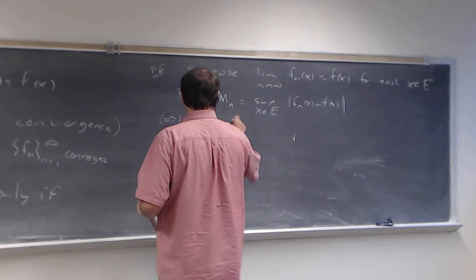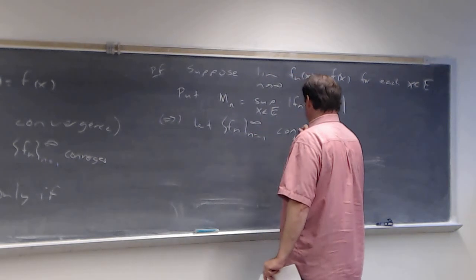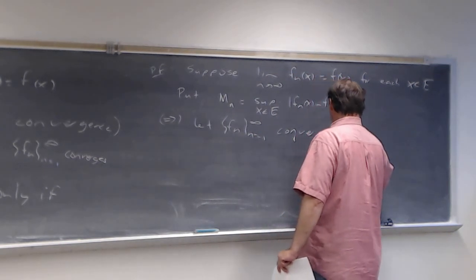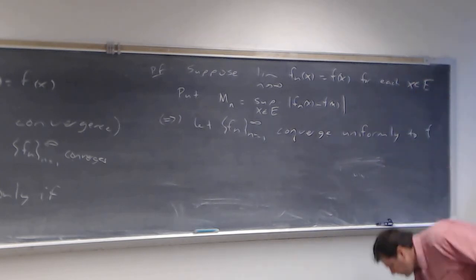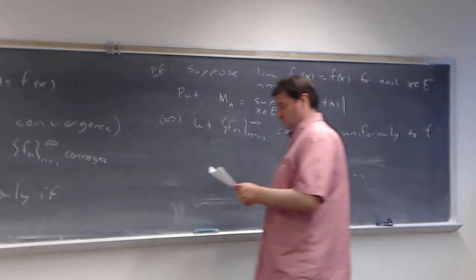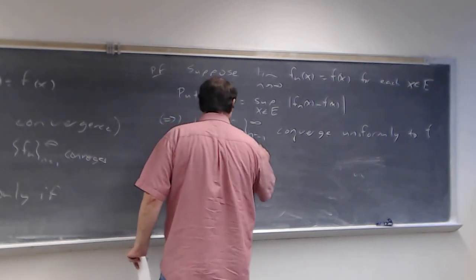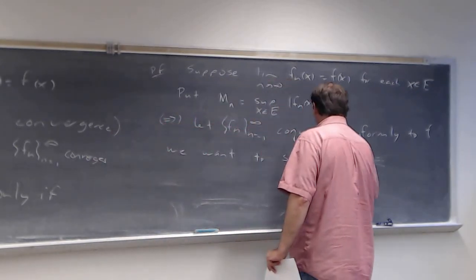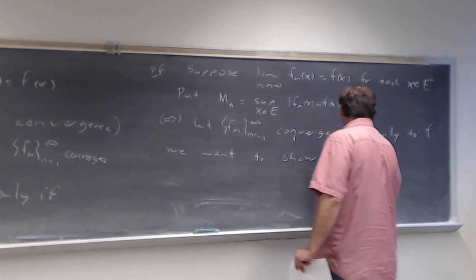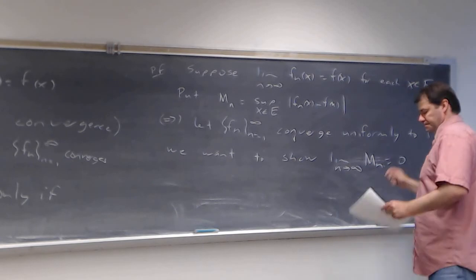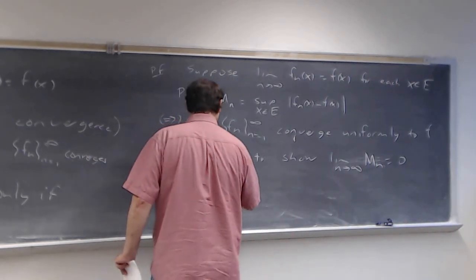So we'll let the sequence f sub n converge uniformly to f. We want to show that the limit as n goes to infinity of M sub n equals 0. Well, we let epsilon greater than 0 be given.